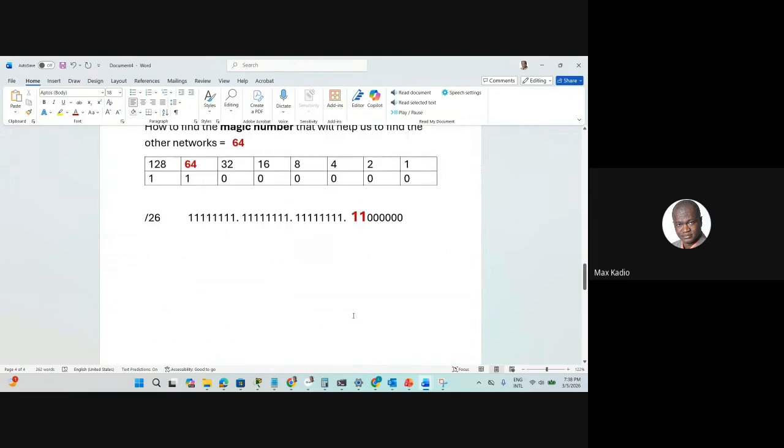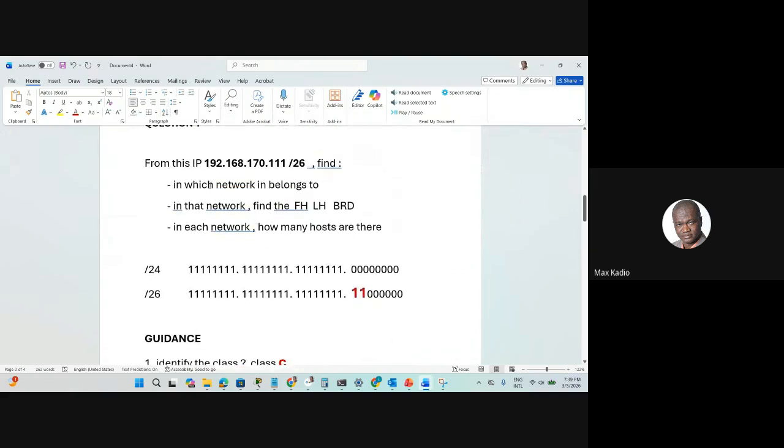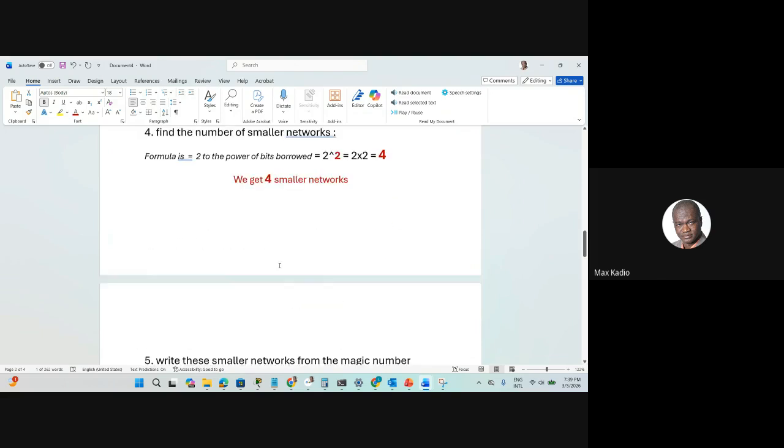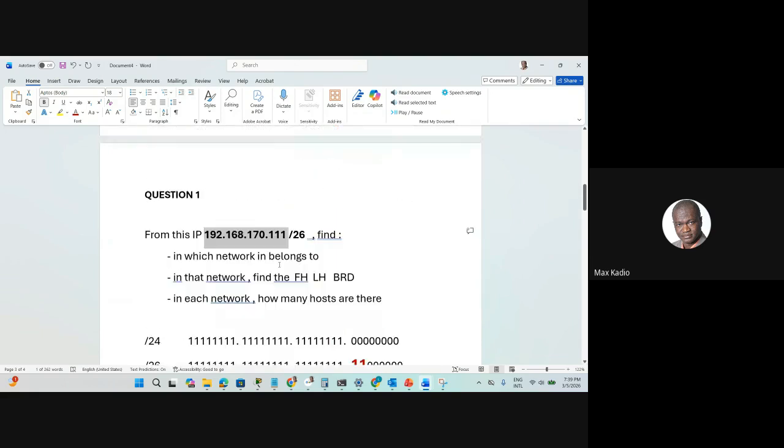Which is our question here? From this IP, which network does it belong to? We have 192.168.170.111. So 111 falls where? Let me copy it.